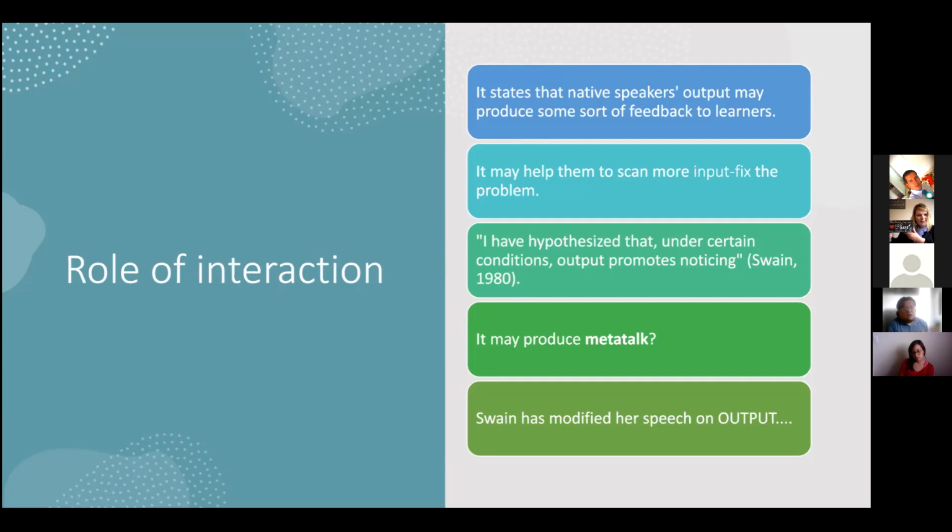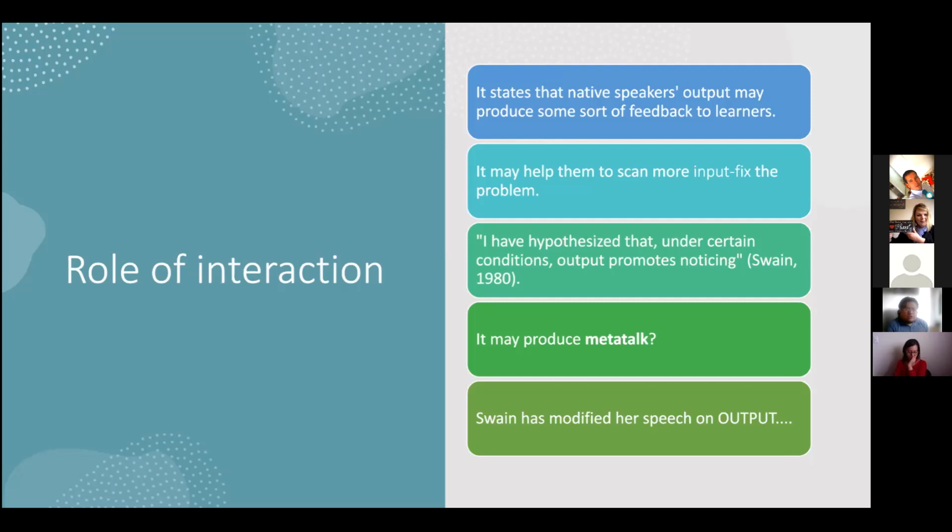But now it is also important to analyze this because, as Swain said later in the 1980s, she says that I have hypothesized that under certain conditions, output promotes noticing. Okay, now it's changed from a key role to maybe it can promote noticing, it can be beneficial. That's the change that she made.